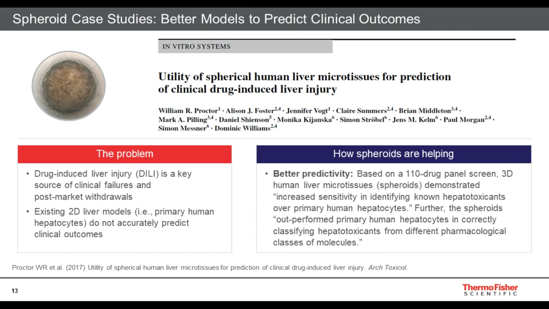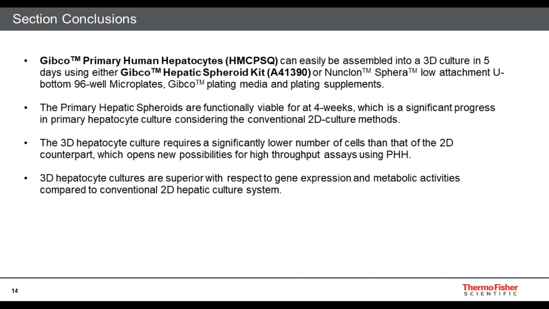The microtissues, the spheroids, showed increased sensitivity, increased predictivity, and the authors also suggested that these models might be useful for biomarker mining related to hepatic injury. So again, fairly substantive work indicating the sensitivity and specificity of these 3D cultures relative to the same cells in 2D.